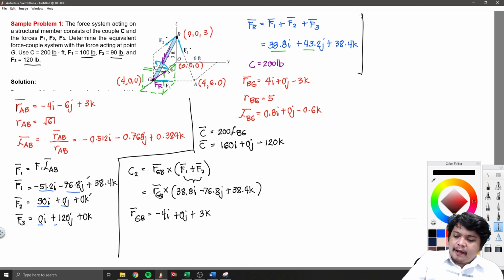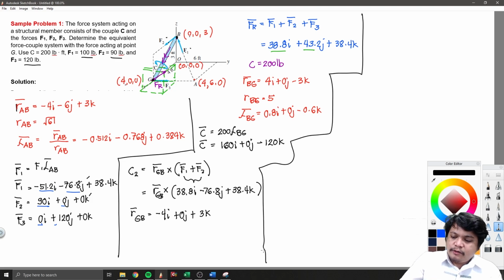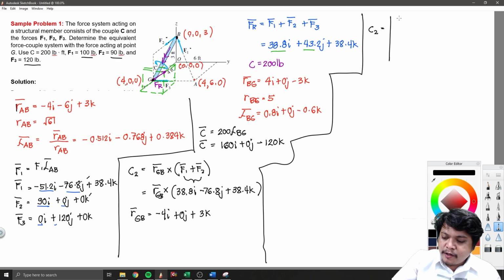Alright? And then, we need to get for the cross product of that. So, we will be having here C2 is equals to I. So, that is negative 4, and then 0, and then 3. So, this is 38.8, negative 76.8, and 38.4.